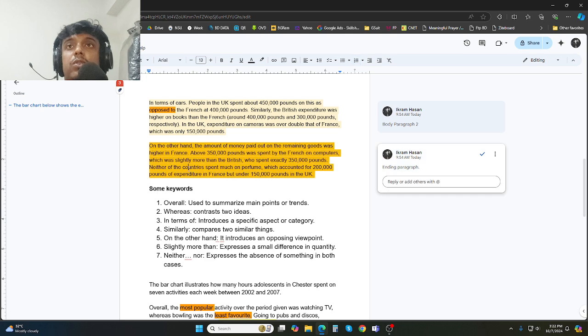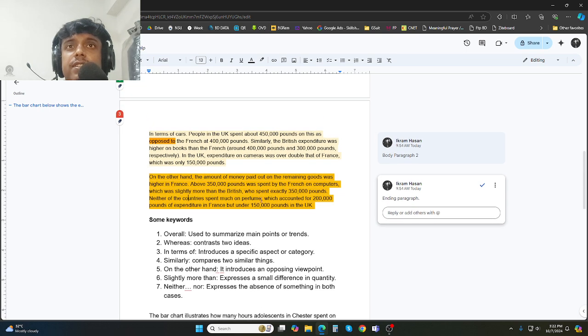Neither nor. So we can see over here neither nor used in the last paragraph, if I am not wrong. Let me check it. It should be here. Neither of the countries spent much on perfume, which accounted for 200,000 pounds of expenditure in France, but under 150,000 pounds in the UK.